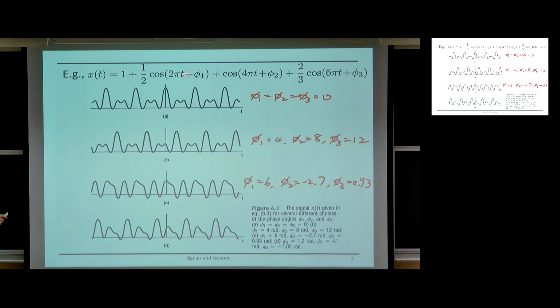But if you pass this through a system that has a nonlinear phase, then every frequency component will be delayed by an amount that is not proportional to its frequency. And therefore, when you add them together, you may get a different mixing of something like this. So the shape can completely change because of the different alignment of these frequency components.